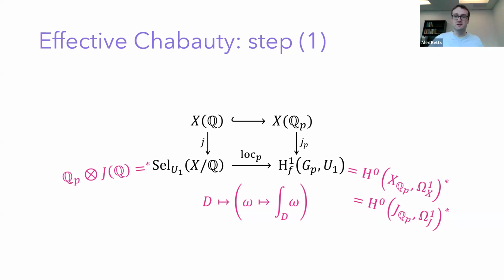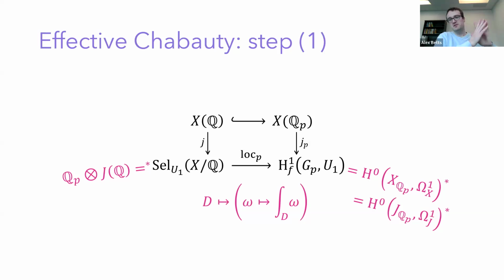I'm not going to exactly spell out what this integral is, but if your divisor D is supported very, very close to the origin, this is the thing you would naturally expect it to mean. You formally integrate your omega and then evaluate it at the various different points of D. And then there's a procedure for extending this to the whole Mordell-Weil group.